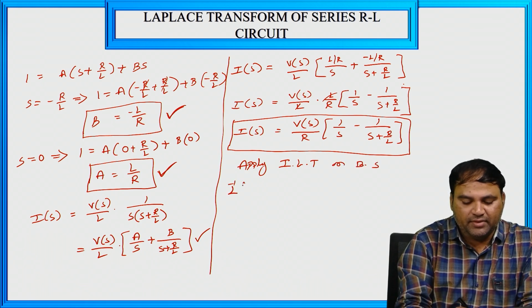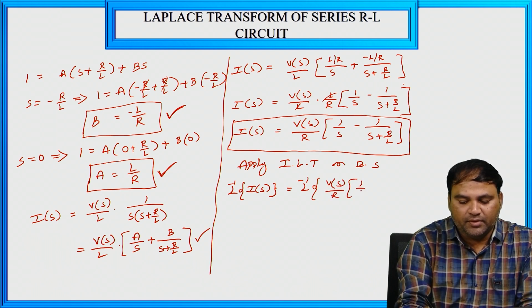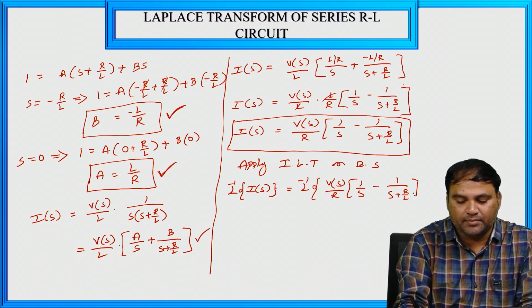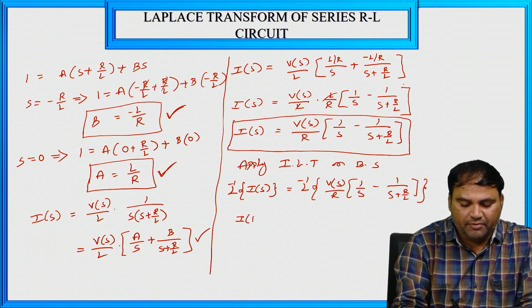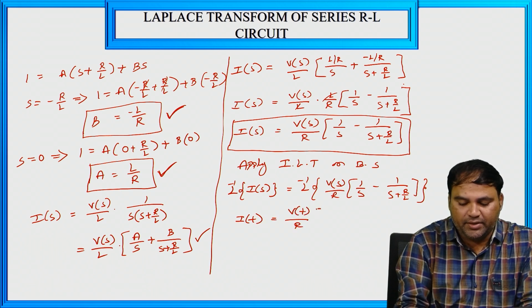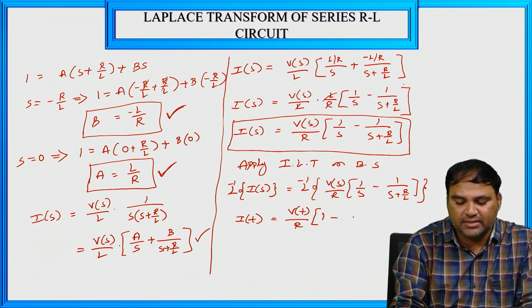So Laplace inverse of I of S equal to Laplace inverse of V of S by R into 1 by S minus 1 by S plus R by L. So Laplace inverse of I of S is I of t equal to, here also V of t by R into, so Laplace inverse of 1 by S is 1 minus Laplace inverse of 1 by S plus R by L is e power minus R by L into t.